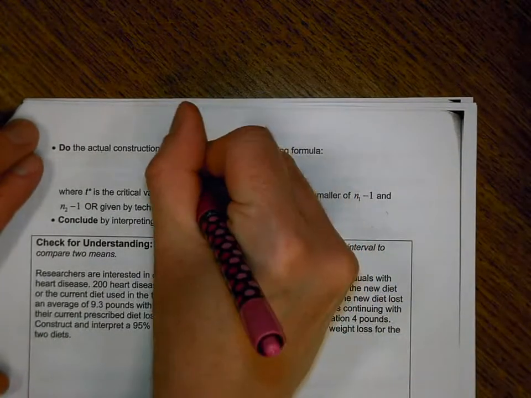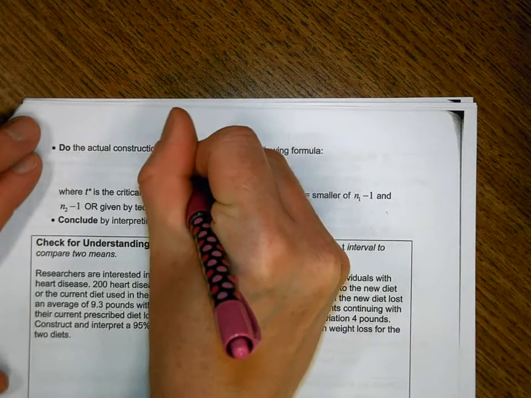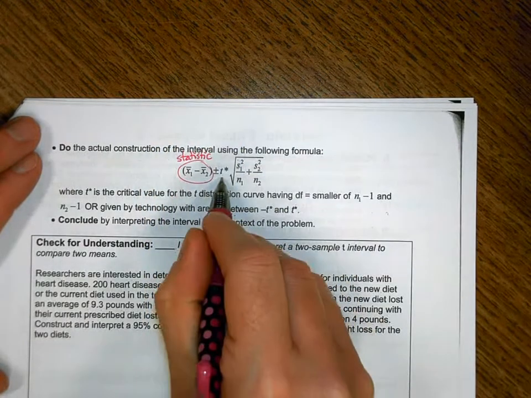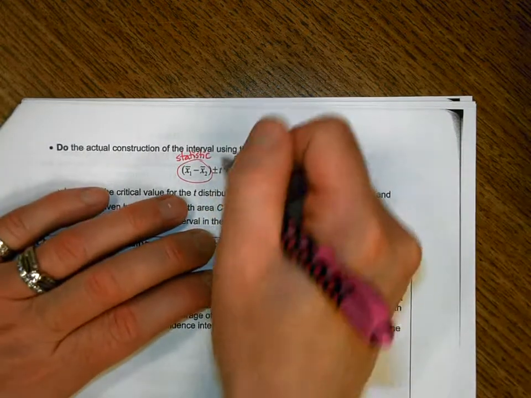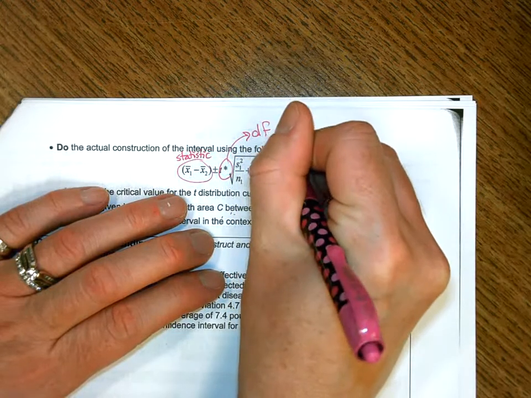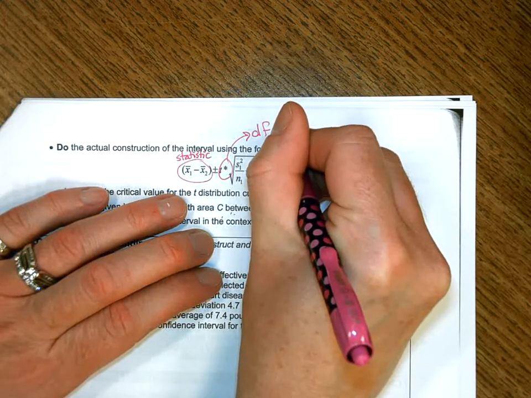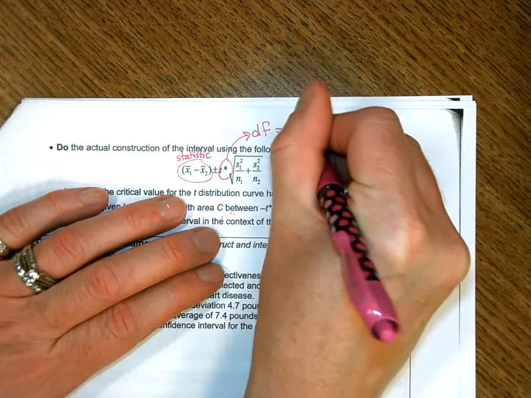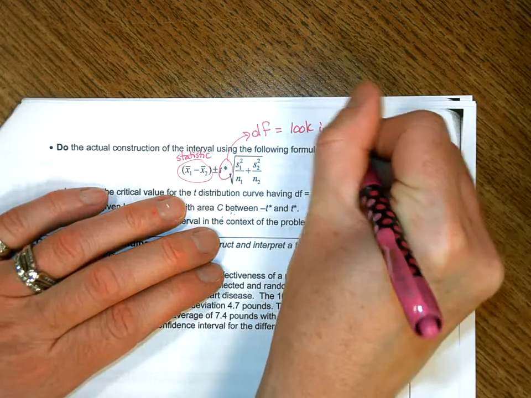Formula for the interval. Again, this is your statistic right here. We're still looking at t star. Only for a two-sample t, the degrees of freedom is a very complex formula. So we're going to look in the calculator for the value.